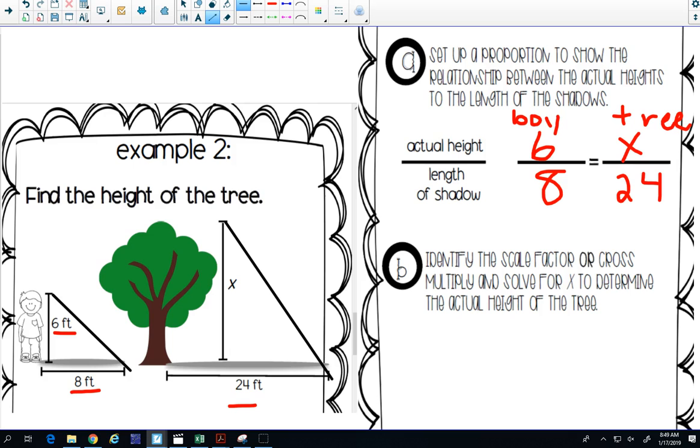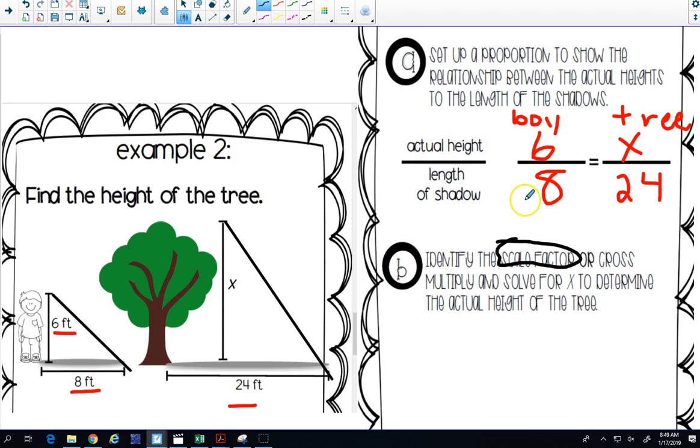All right, now the next piece, let me choose a different color. So here it says identify the scale factor. So that's a word we haven't used a lot, scale factor. The scale factor is basically what you would multiply the boy's height and shadow by to get the tree's height and shadow.